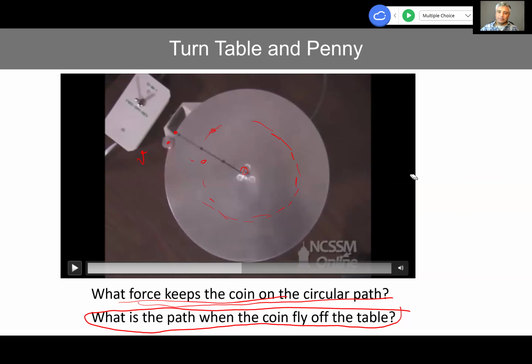And in case of this mass attached to the string, what force is the centripetal force in this case? What force is acting towards the center in this case? What force acts through the string, folks?